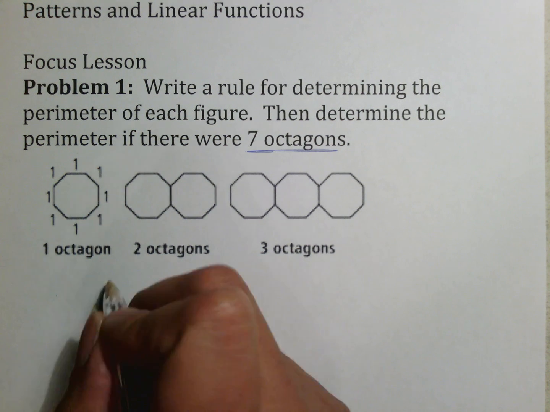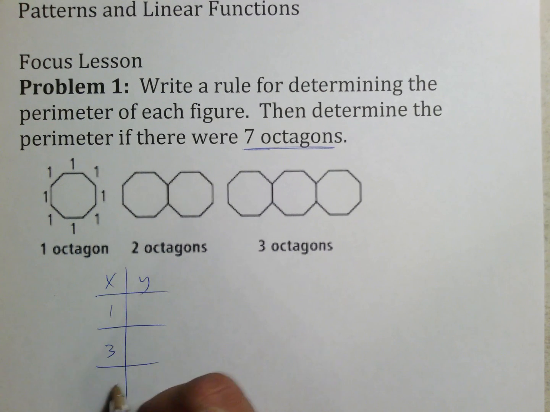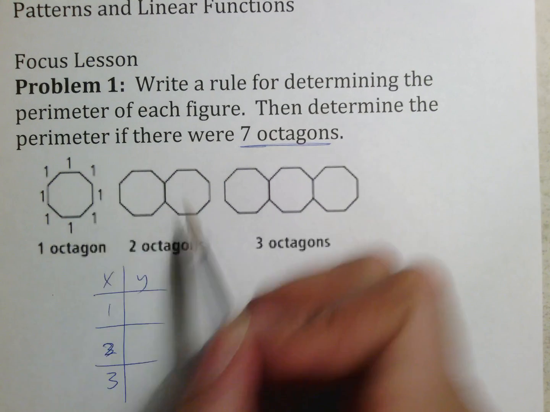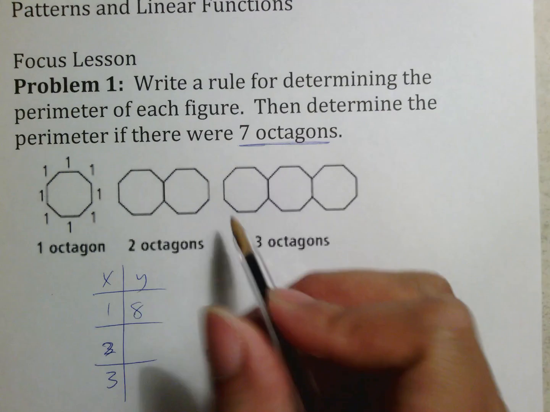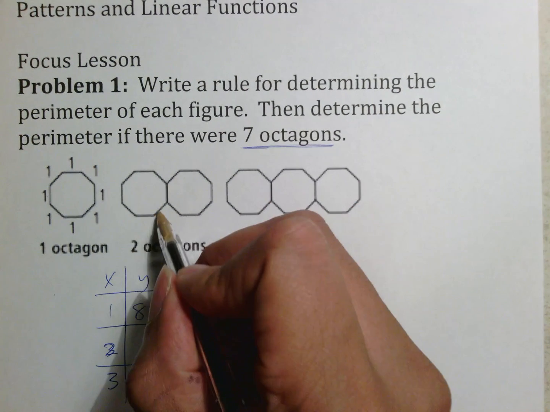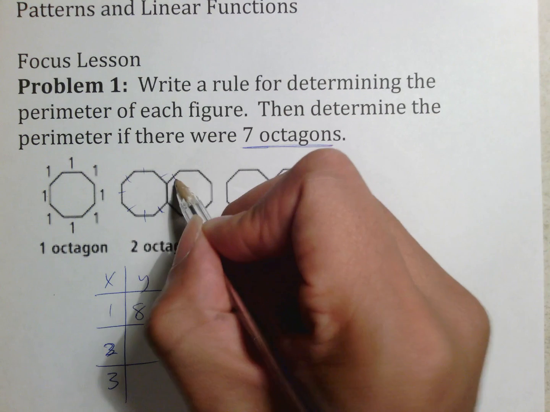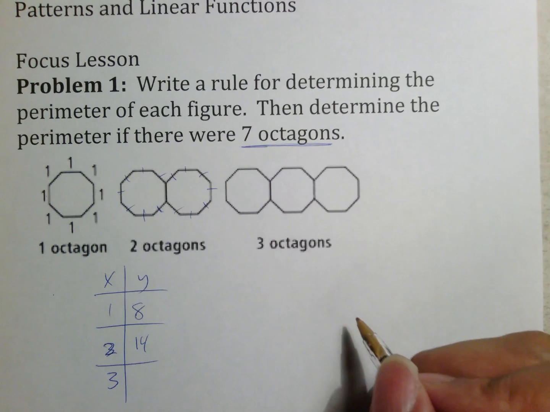So first thing we're going to do here is, it's best to make a table. We only have 3 pictures, so we're going to do that. For one octagon here, you have 1, 2, 3, 4, 5, 6, 7, 8. For 2 octagons, I would just start somewhere nice, and count up to 14, which is the number here.